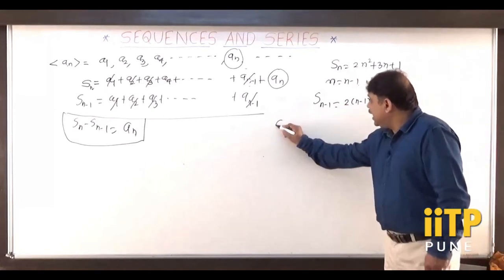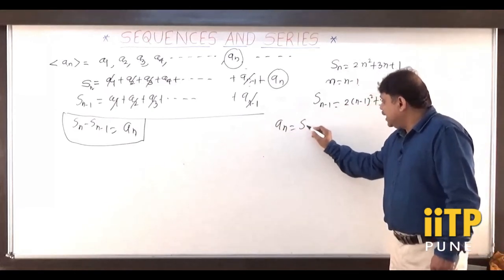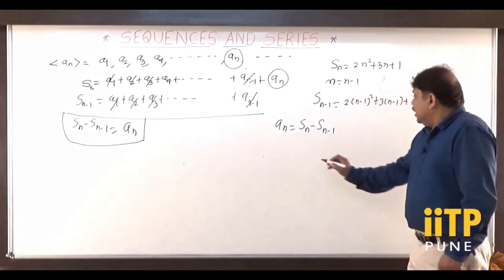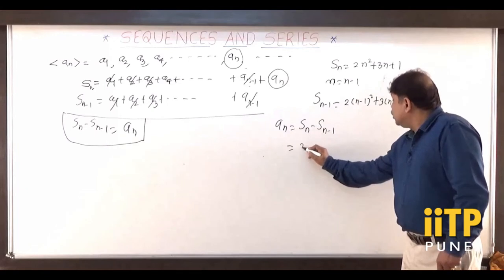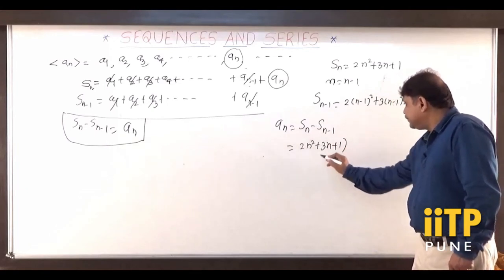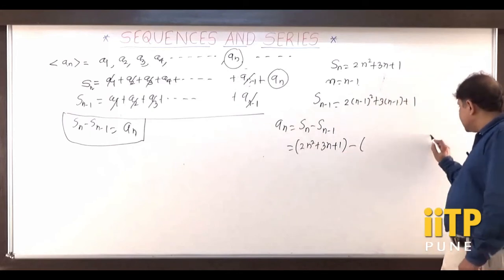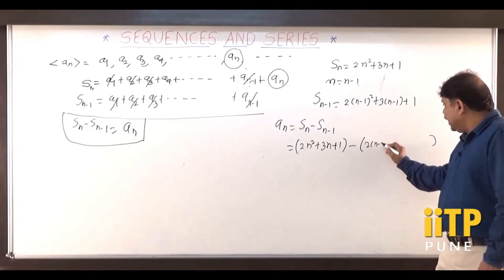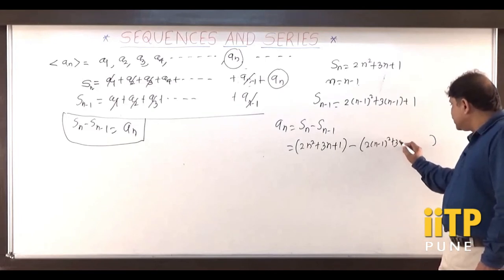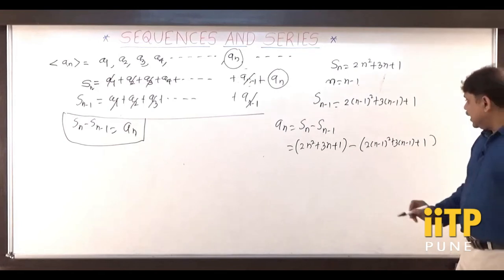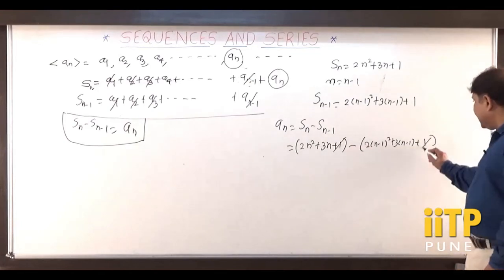So now an is given by Sn minus S(n-1). That is, Sn is 2n square plus 3n plus 1, minus S(n-1), which is 2 into (n minus 1) square plus 3 into (n minus 1) plus 1. Now here we see that this 1 is getting cancelled.